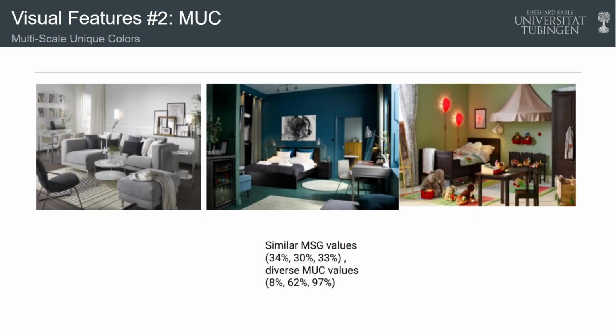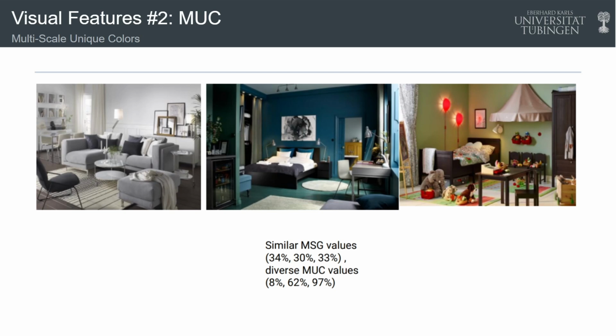Next, we introduce multi-scale unique colors, a reformulated, multi-scale version of a colorfulness feature originally proposed by Teresa et al. This metric counts the number of unique colors in an image after quantizing the RGB values to reduce sensitivity. For example, some images may have similar MSG values, but differ significantly in MUC values.